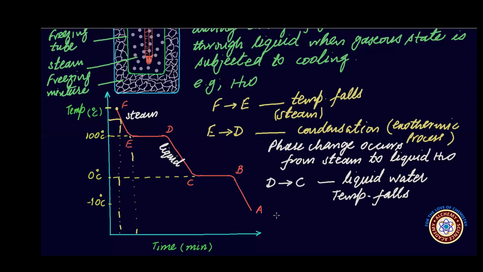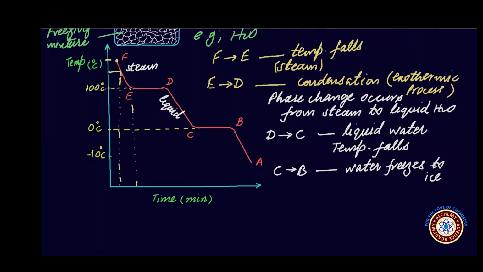Now let us see what is happening from C to B. From C to B, water freezes to ice. This section of the cooling curve indicates a phase change, during which freezing is occurring, and like condensation, freezing is also an exothermic process.